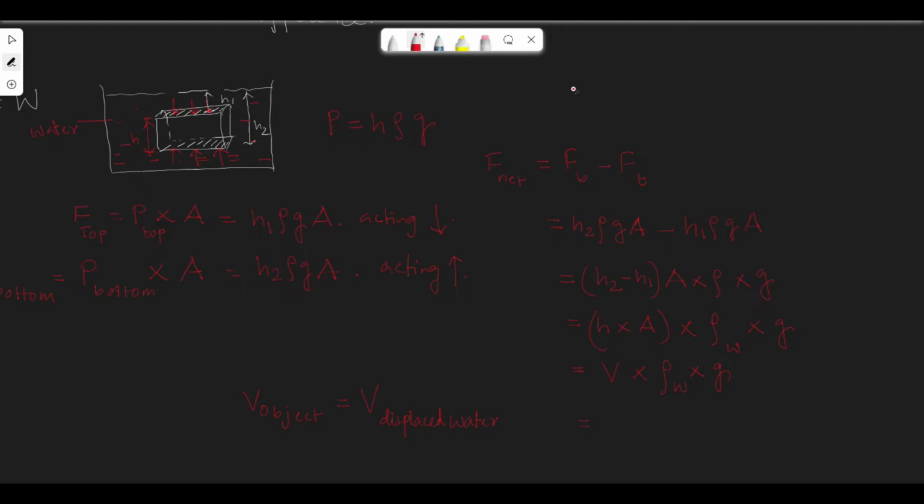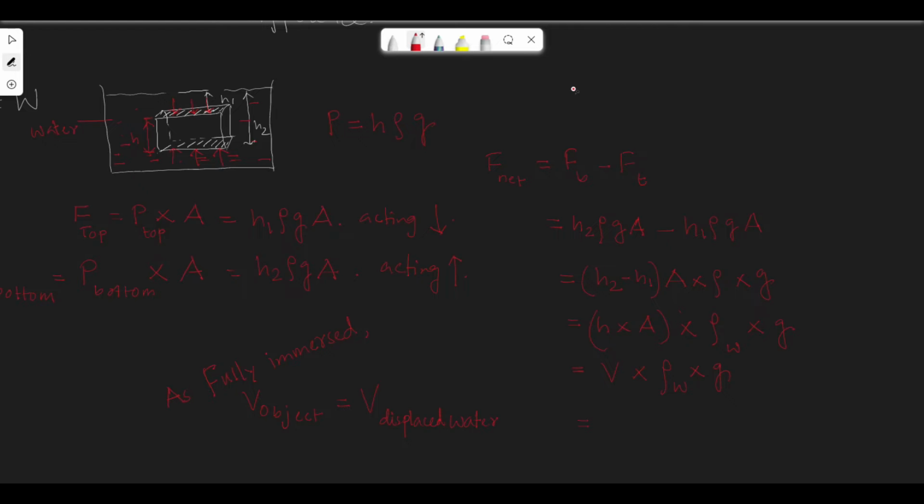Why? It is because it is fully immersed. If it were immersed partially, some part below water, some part above the water, then we would not be able to say that volume of the object is equal to the volume of the displaced water. All right.